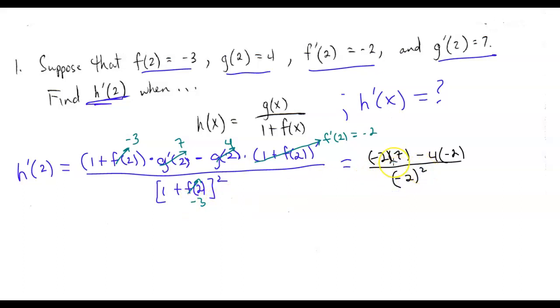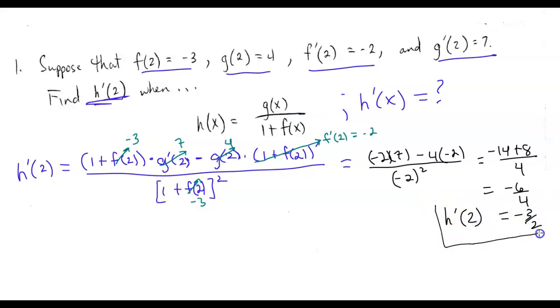And we square that. Okay. So this ends up being a -14 plus 8 all over 4. And this is just going to be -6 over 4, which is a -3 over 2. And so this is what our h of 2 actually ends up being here.